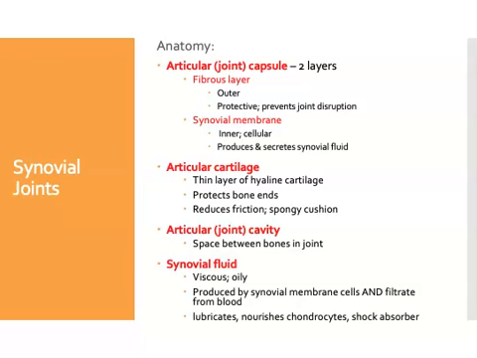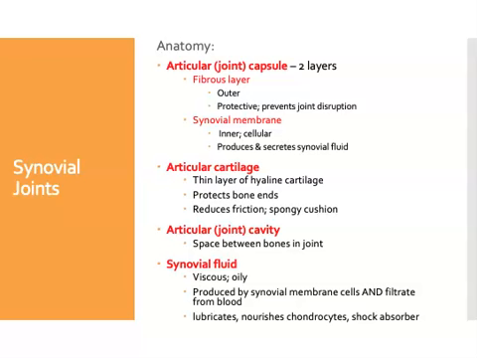That joint capsule is fibrous and tough. On the outside of the joint capsule, there's a very fibrous layer that is protective, and it helps keep the joint intact. It's very preventative in terms of having the joint sort of fall apart.